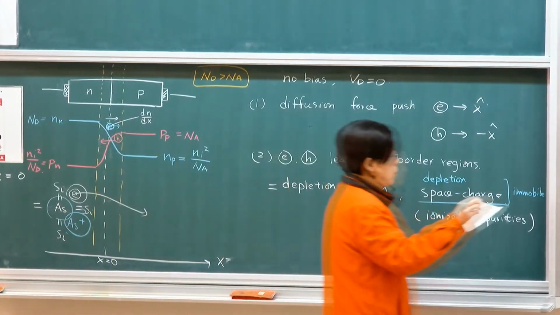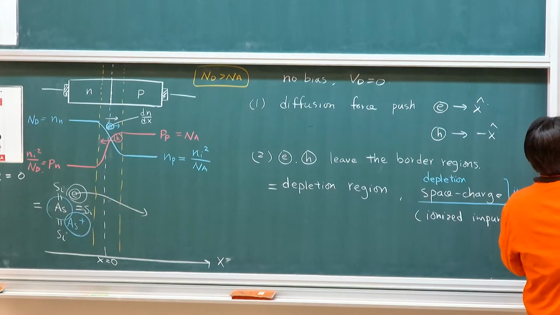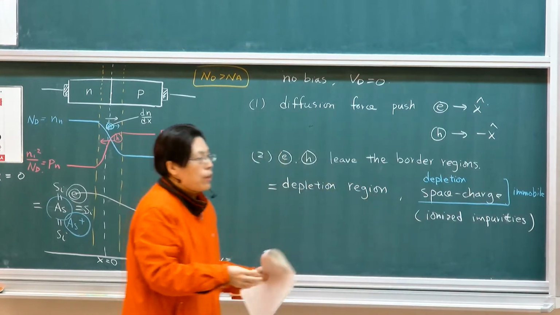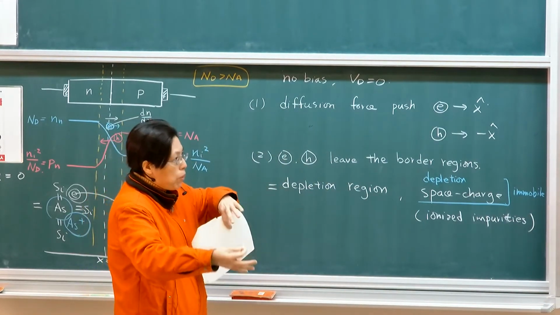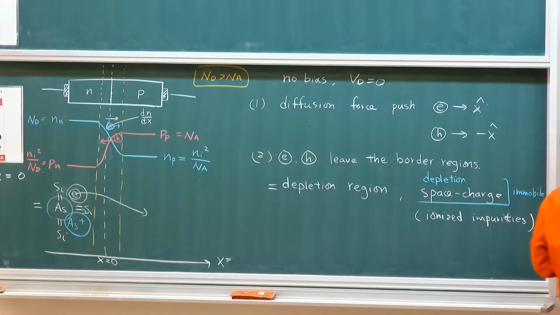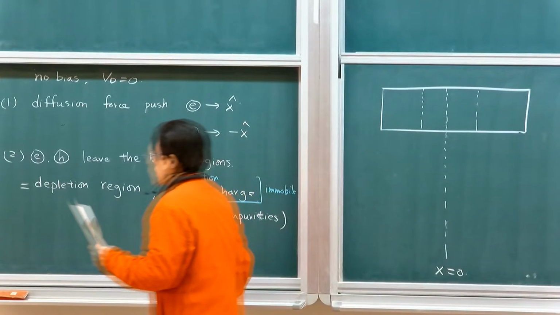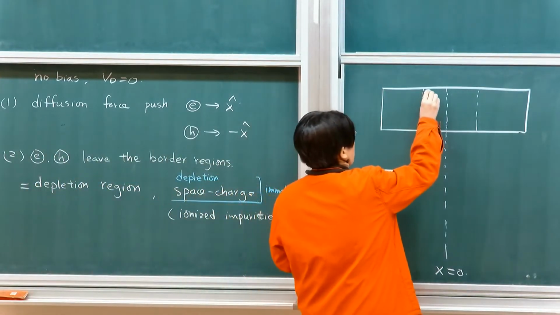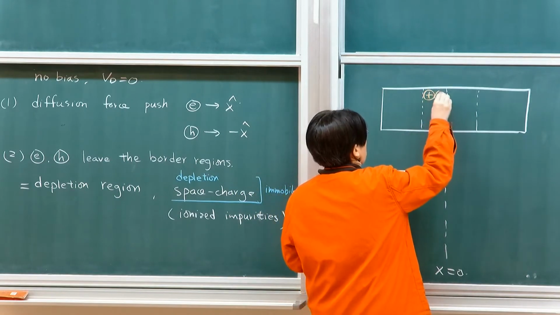one of the problems, let me redraw this again. Once again, this is x equals 0. Once the electron is pulled away, we recognize that in this border region, there's a region which forms what we call the depletion region. There will be positive charge.